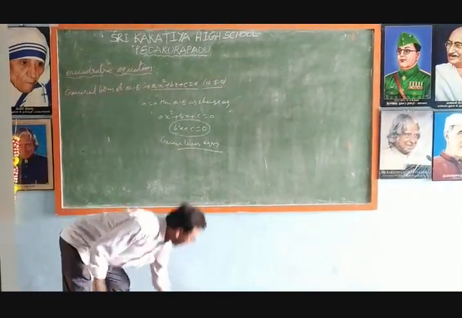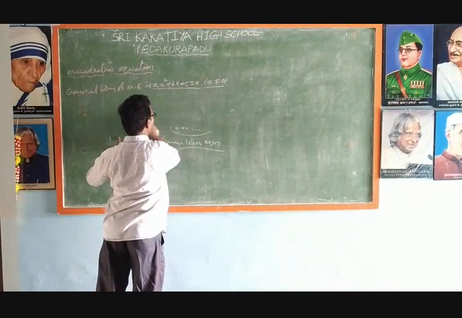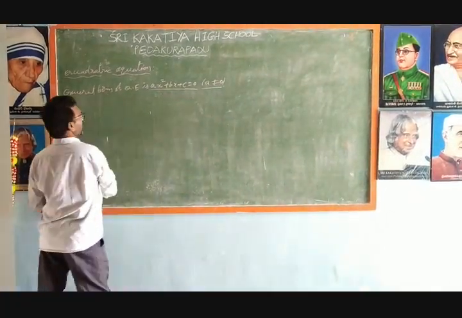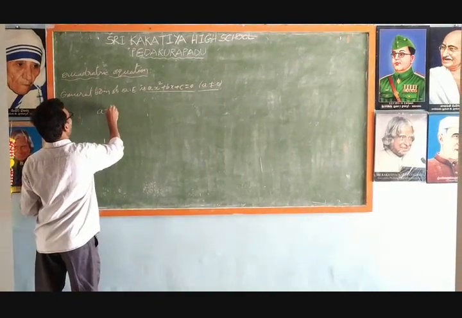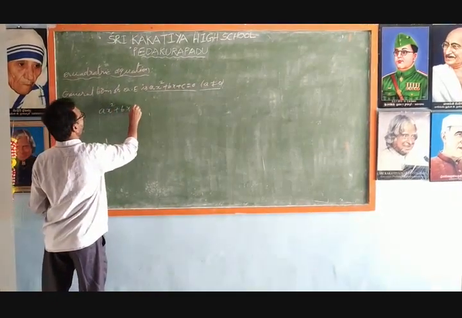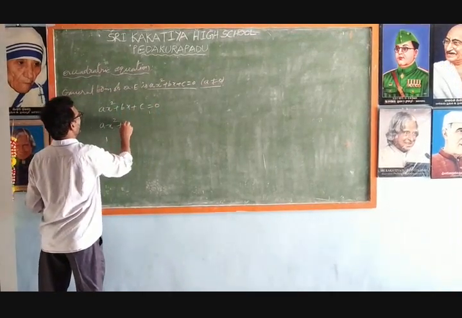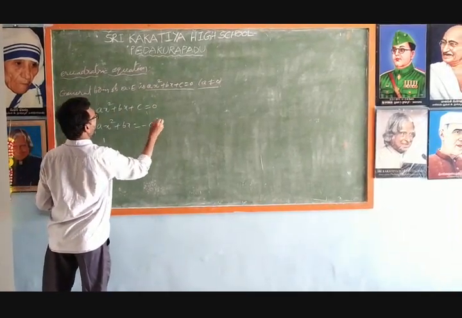Now we want to find out the factors of ax square plus bx plus c is equal to 0. That is, ax square plus bx is equal to minus c.